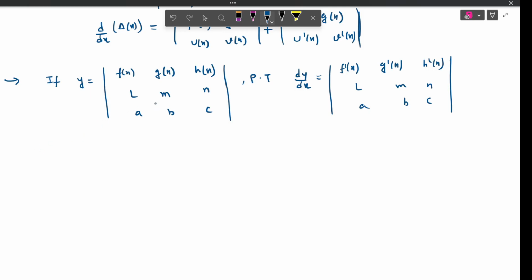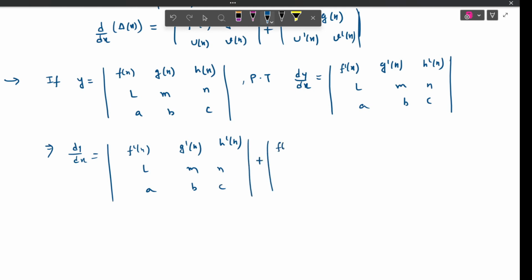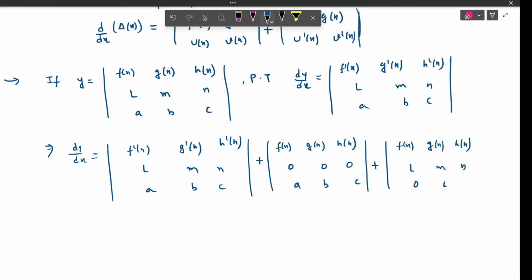So let us say we are doing it with the first row. If we differentiate the first row, differentiation of fx is f dash x, gx is g dash x, and hx is h dash x, keeping all other terms as they are, plus keeping the first row as it is and differentiating the second row, that is 0 because all of them are constants, plus keeping the first two rows as they are and differentiating A, B, C, that is 0, 0, 0.